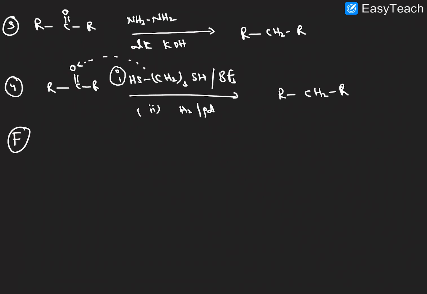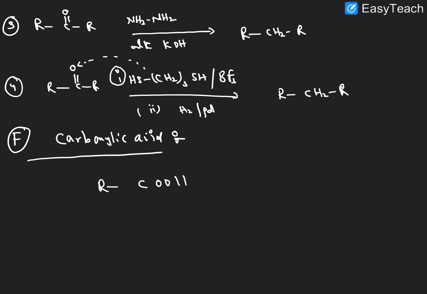Then the next one, preparation from carboxylic acids. Reduce the carboxylic acids and we will get hydrocarbons. What is the reducing reagent here?